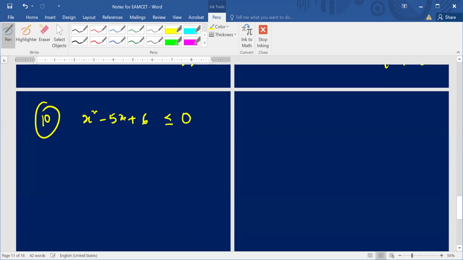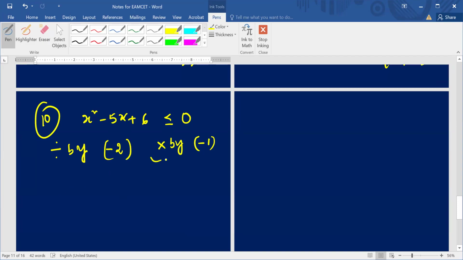If I am dividing this by minus 2, or multiplying by a minus 1, anything negative.